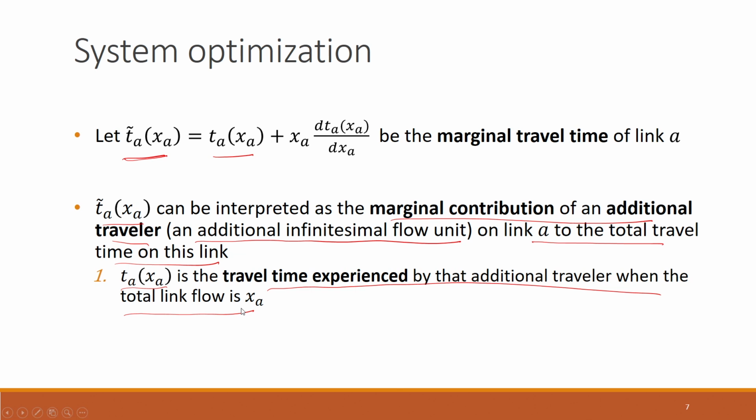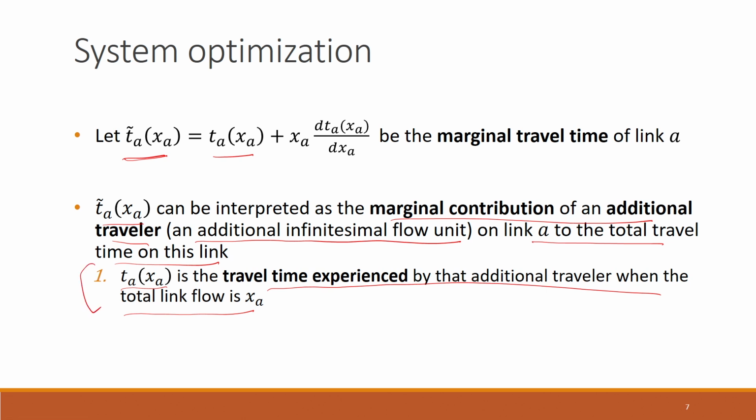So if we add a very small flow to link A that is carrying xa, since it's a very small flow that is getting added, the travel time will stay the same. But for this small flow, the travel time that will be experienced will be t_a(xa), right?